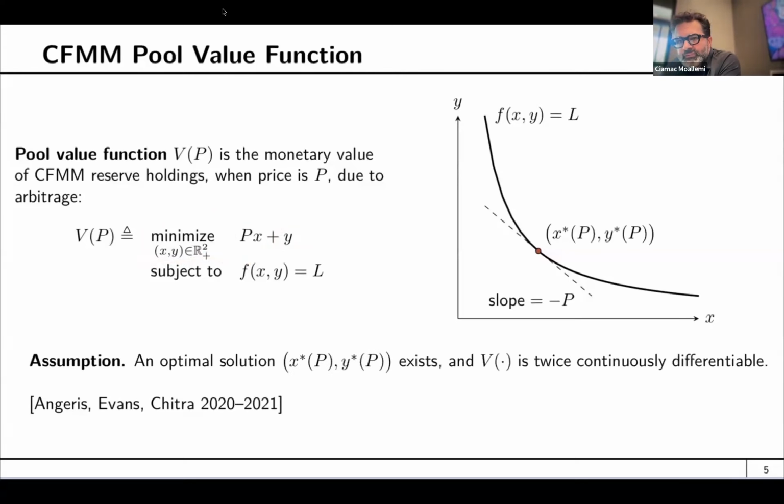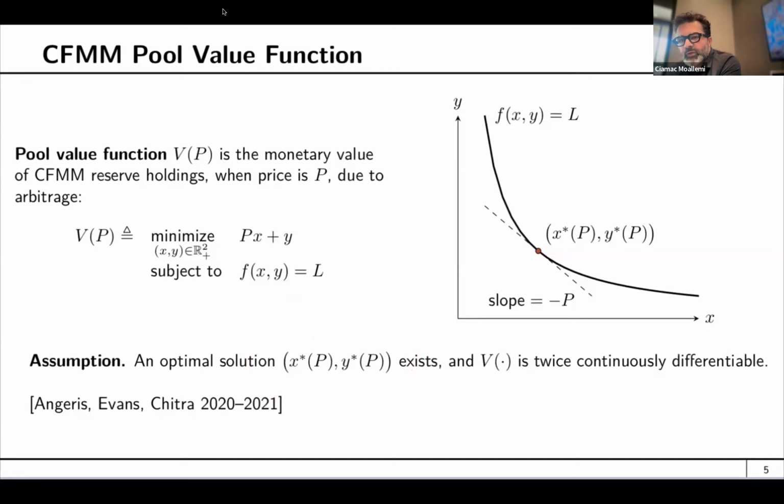And we're going to make some technical assumptions for the third part of the talk. We're going to make the assumption that an optimal solution here exists. We're going to call that optimal solution X star of P and Y star of P. Those are the reserves that would be the optimal solution here.